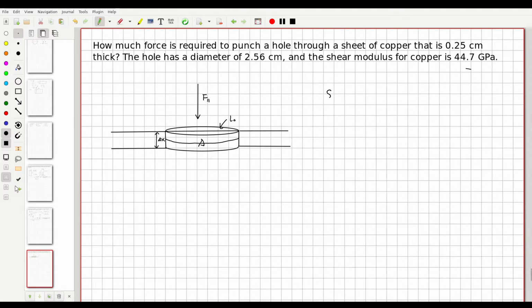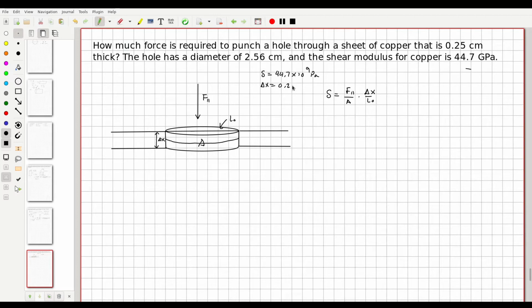If you remember what your shear modulus looks like, it's F parallel over area times the change in x over L naught. Now here, we know what our shear modulus is: 44.7 times 10 to the 9th pascals. We also know delta x. This is how much we need to deform. We need to punch through it, so we're shearing it this much.